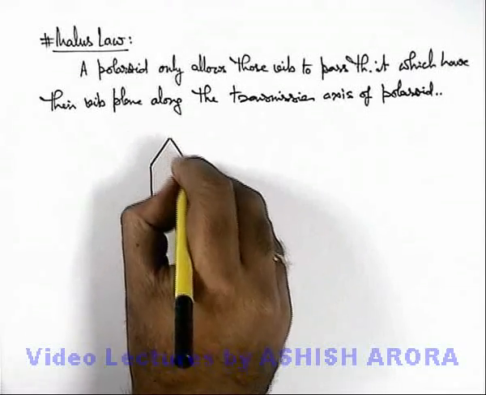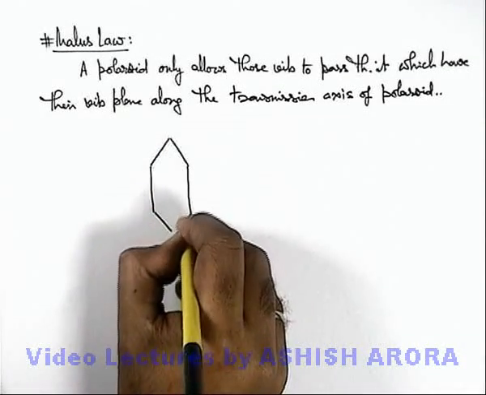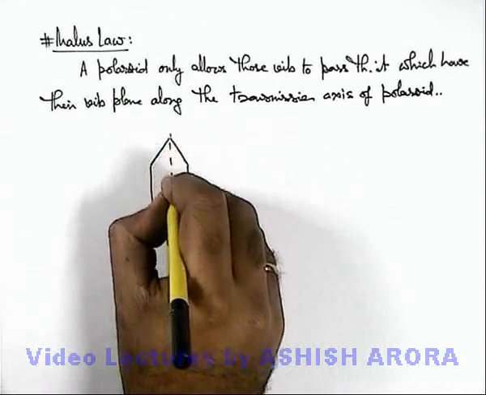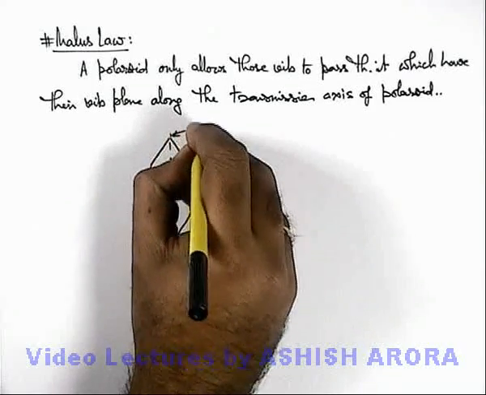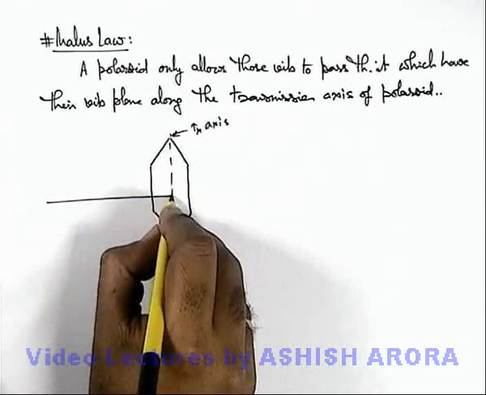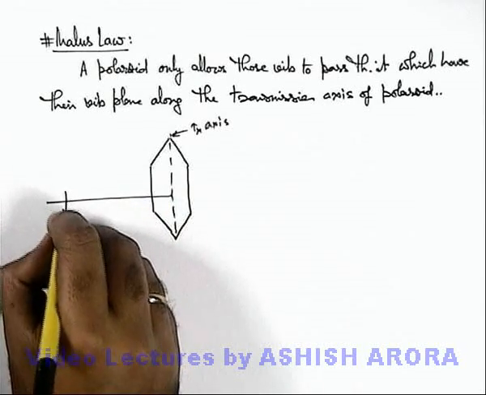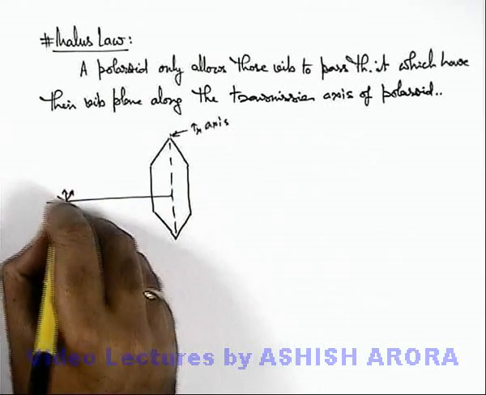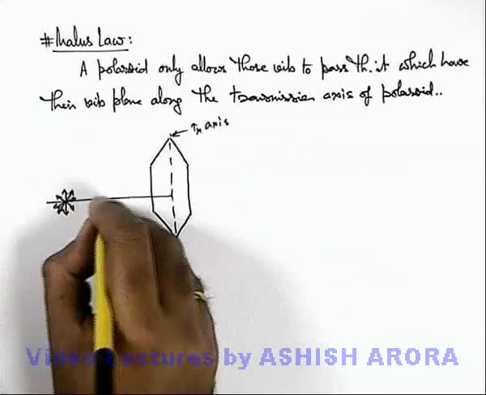Say if this is a Polaroid, this is the symbol we use for a Polaroid, and say this is its transmission axis, on which an unpolarized light is incident, in which the light is having vibrations in all planes like this.